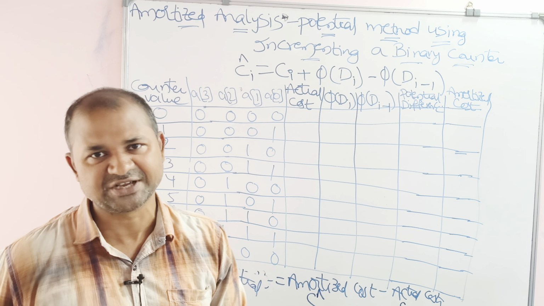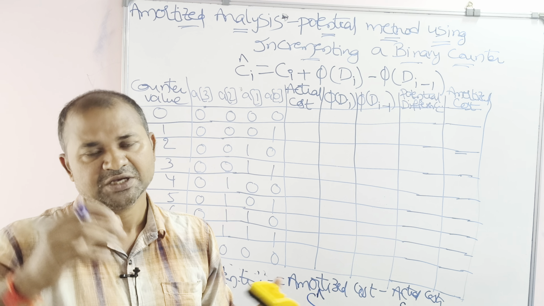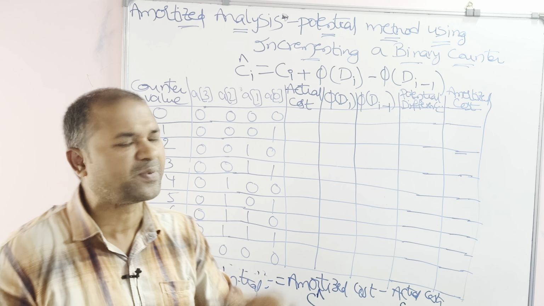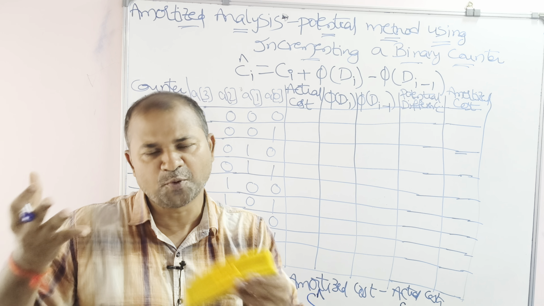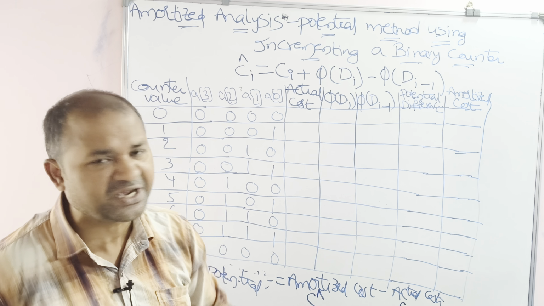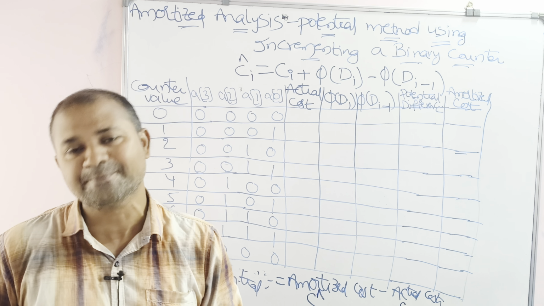So D means data structure, whereas Φ means potential function. The potential function is applied on the data structure and it will give a number. So potential Φ is a function which maps from a data structure to a number.